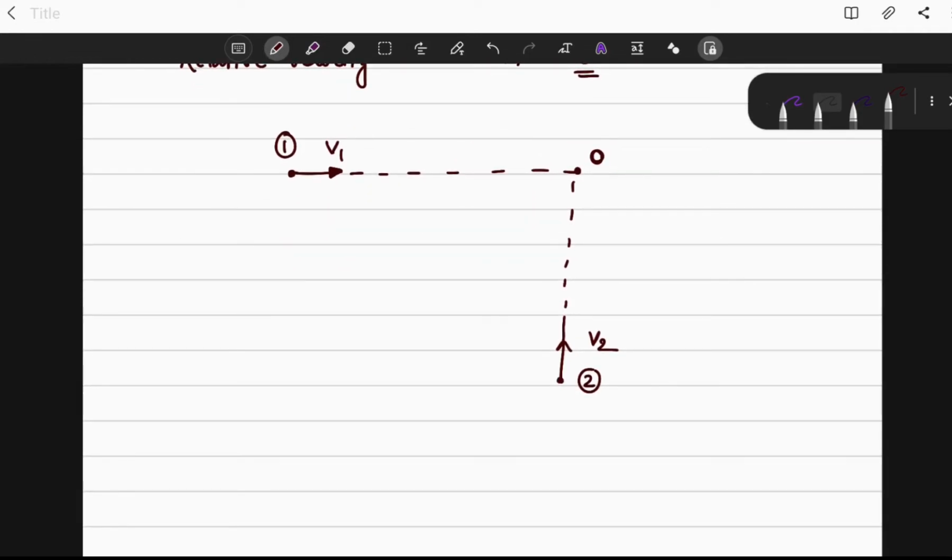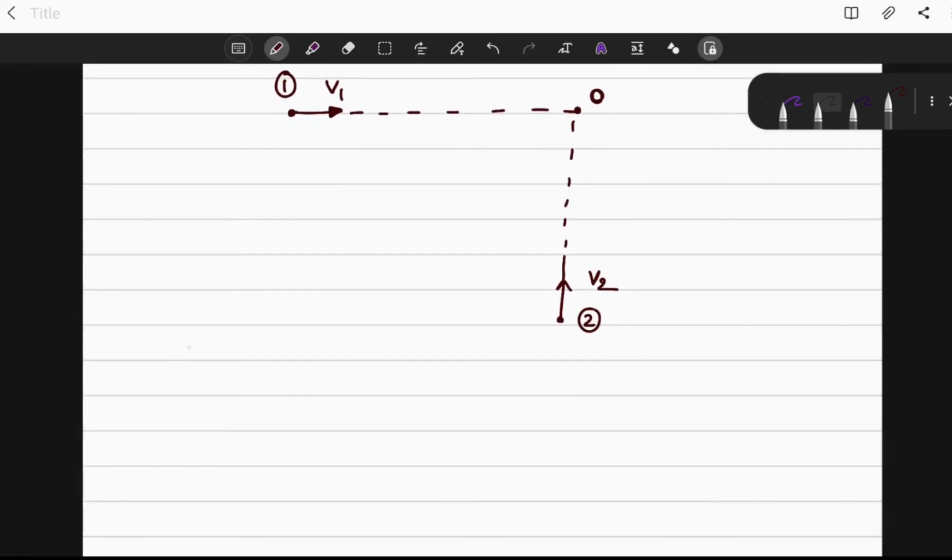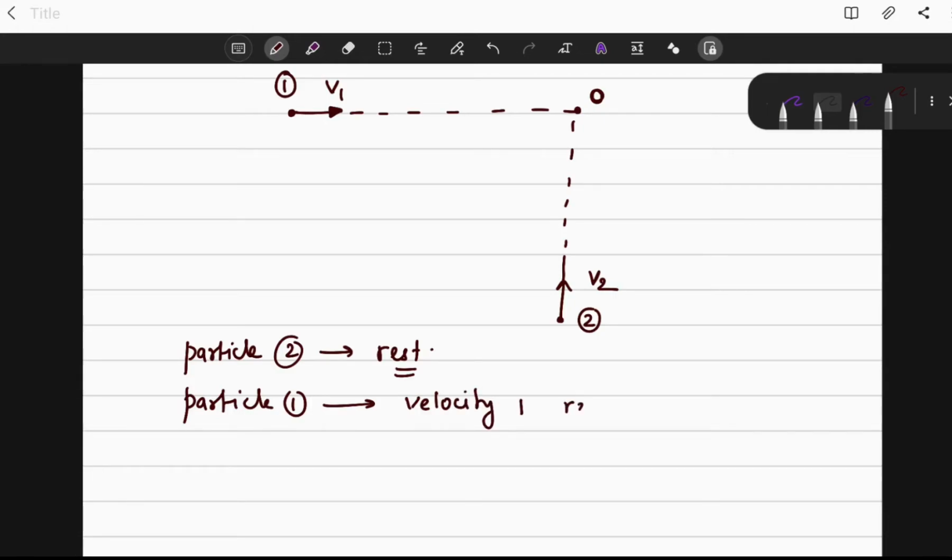Let us say if we make particle 2 at rest, then particle 1 will move with the velocity of 1 with respect to particle 2.